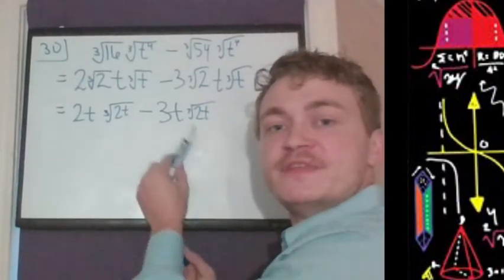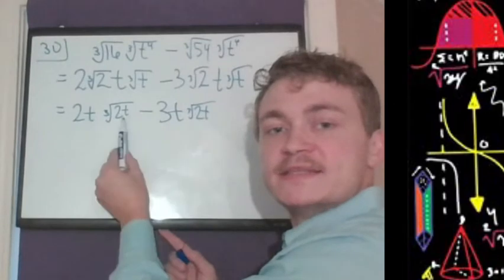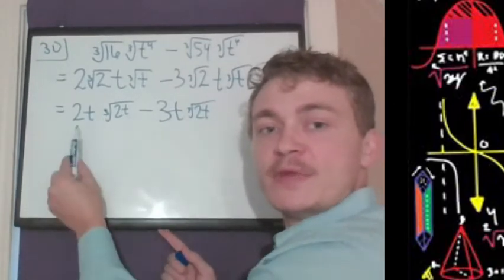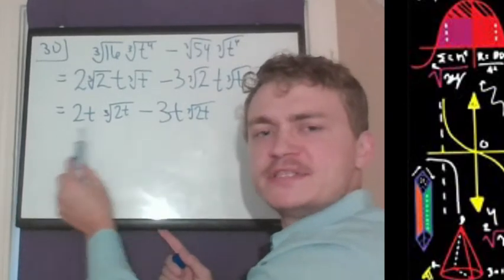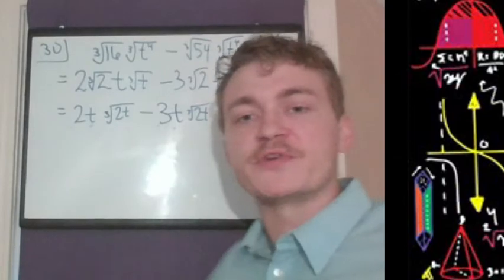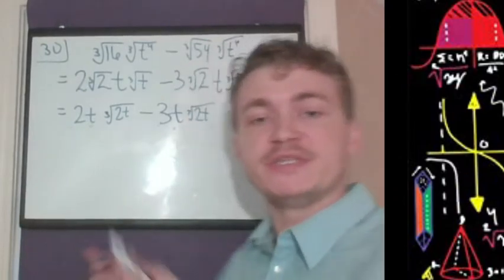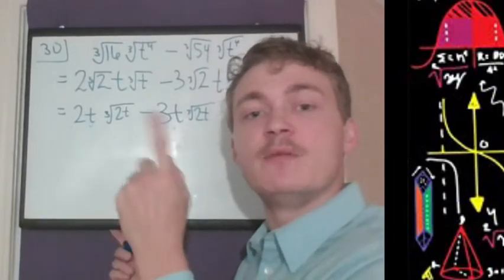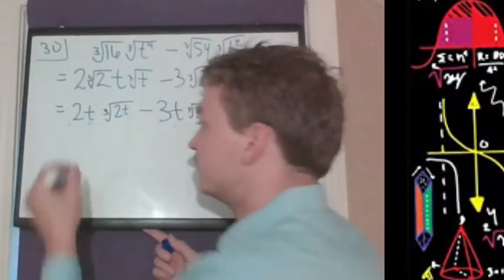Now you see here for each of these two terms, our radicand is the same, our root is the same. Can we combine these coefficients? Will these allow us to combine 2t minus 3t? Well, just using our rules for combining polynomial expressions, 2t minus 3t is minus 1t.